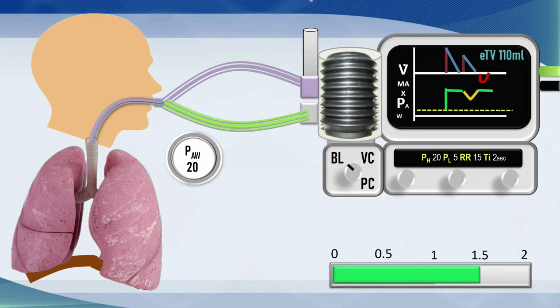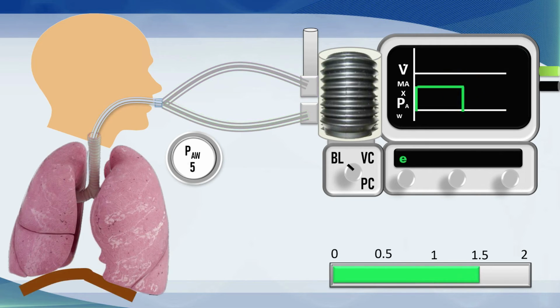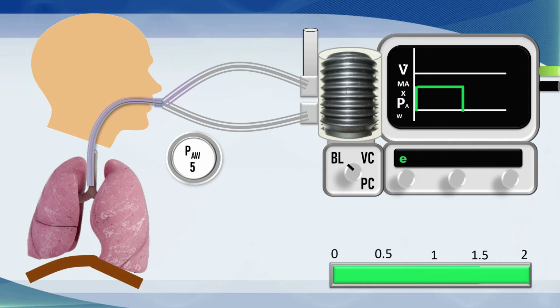Note the presence of some negative flow on the waveform while the pressure waveform is locked in place. A small tidal volume will be registered on the ventilator. Once exhalation occurs at the end of the inspiratory time, the tidal breath flows out of the patient and the tidal volume can be measured.